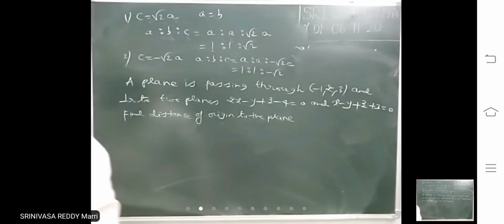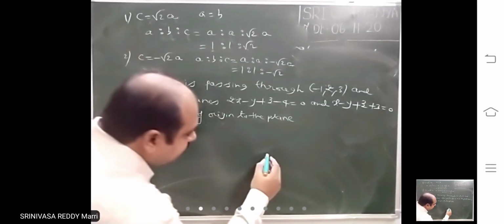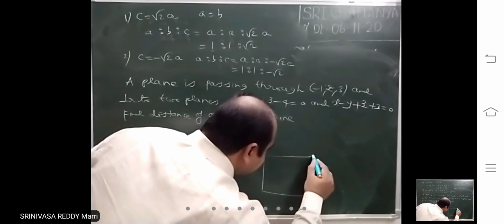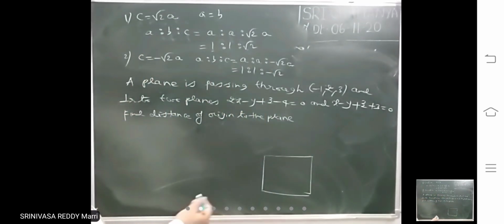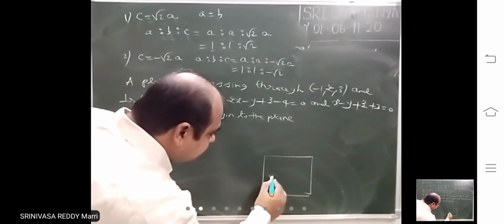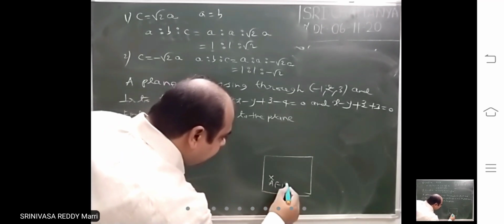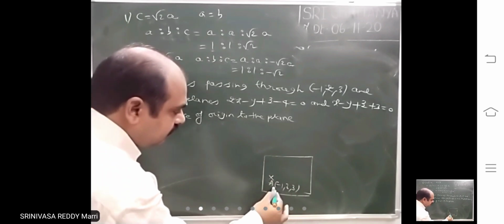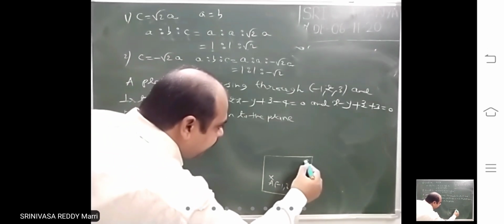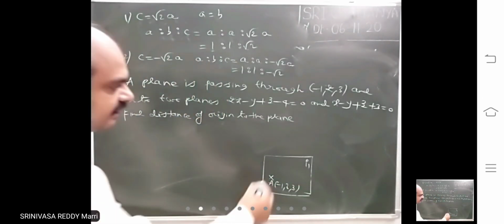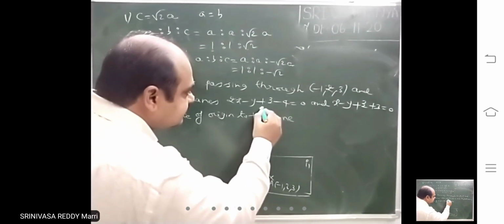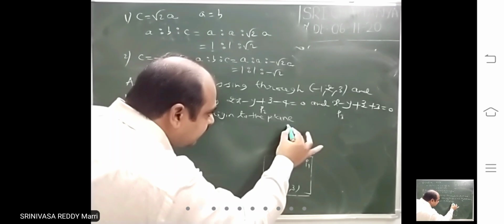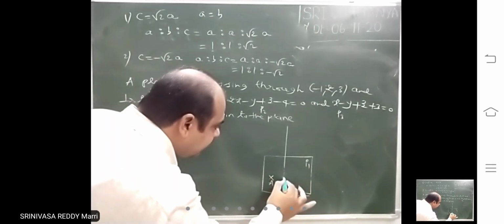Look, simply, how it can be done, there are two methods. Our required plane, you have to find this one. Our required plane is passing through minus 1, 2, 3. So this is our required plane P1, let us say P1. Now let us say this is the P2 plane, this is the P3 plane. Now what do you require for plane 1? The normal DRs.